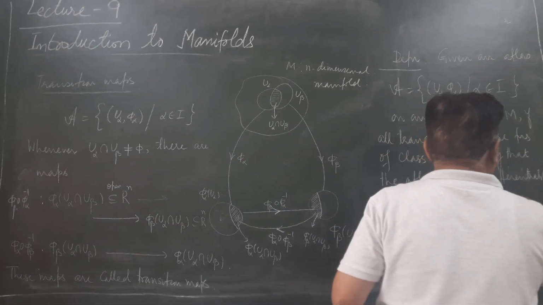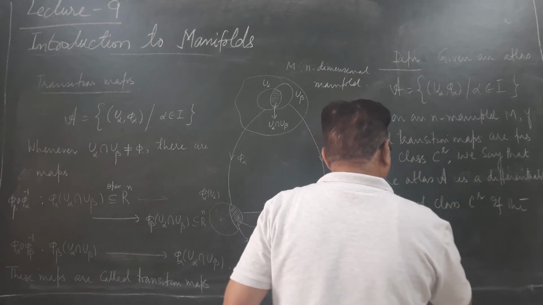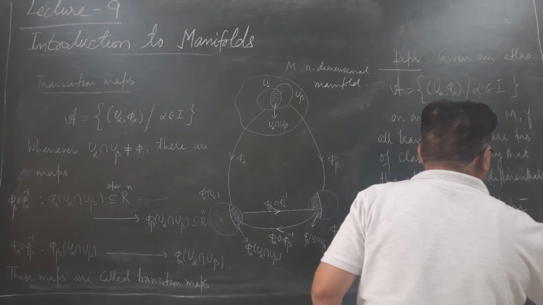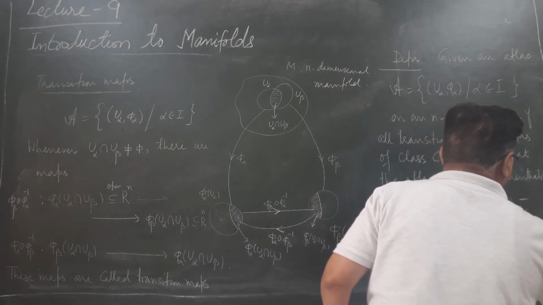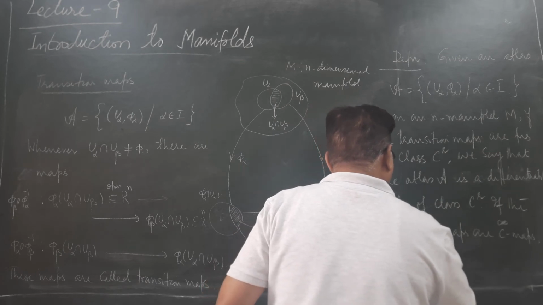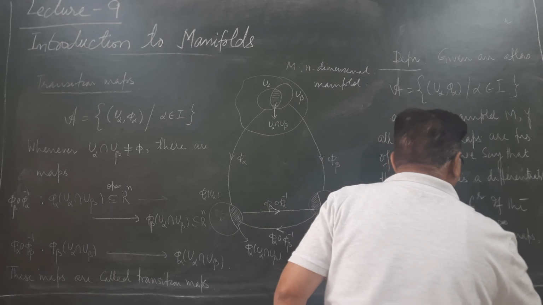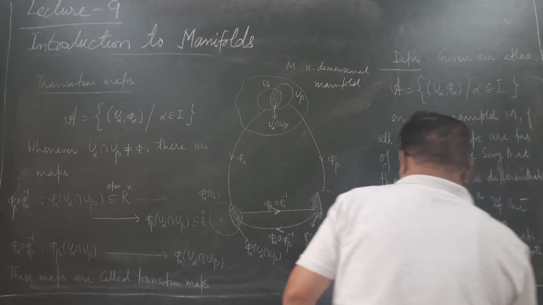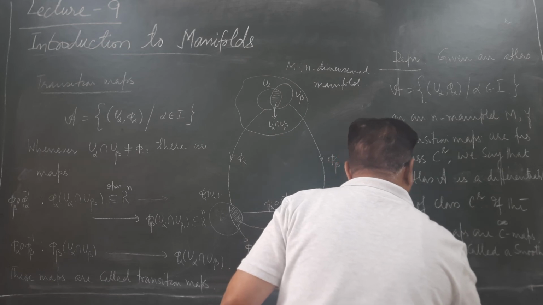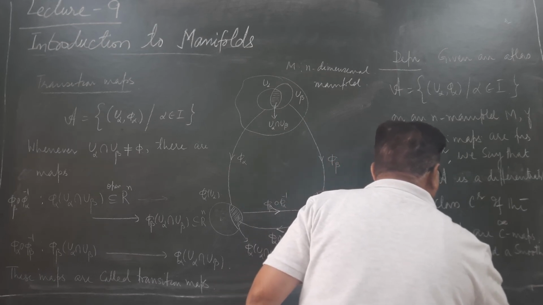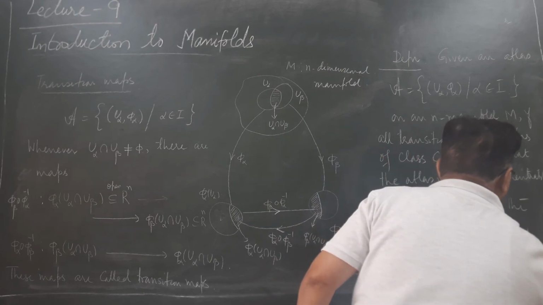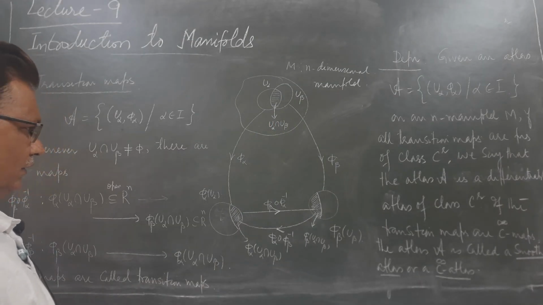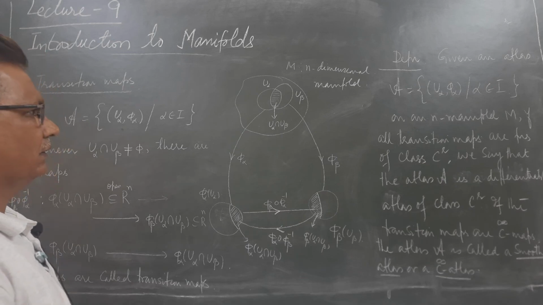If the transition maps are C infinity maps, the atlas A is called a C infinity atlas, called a smooth atlas or a C infinity atlas. दोनों ही टर्म यूज़ होते हैं और कभी कभी इसको डिफरेंशियबल एटलस भी बोला जाता है. So this is the meaning of a differentiable atlas. Alright.